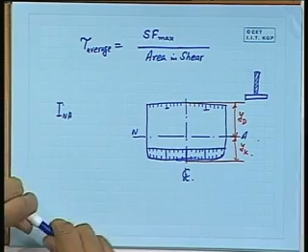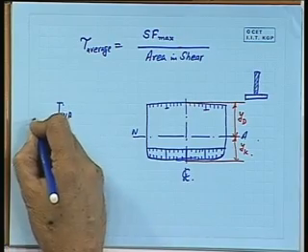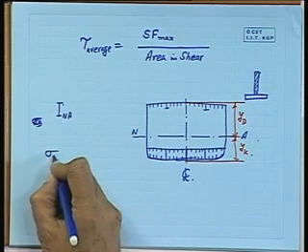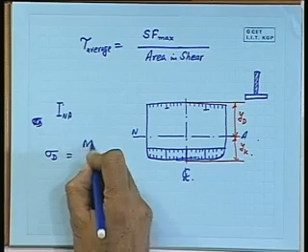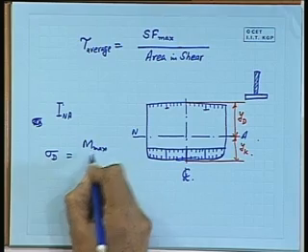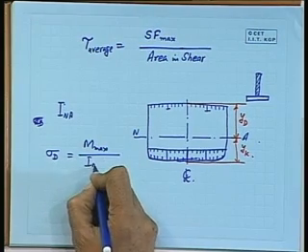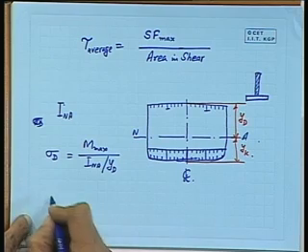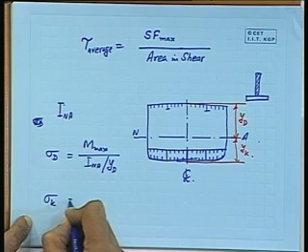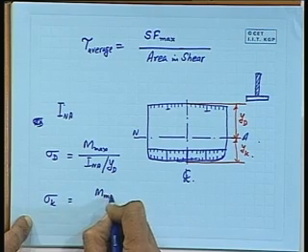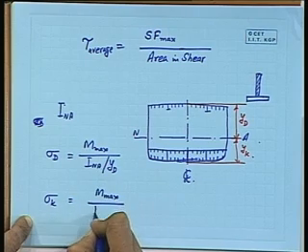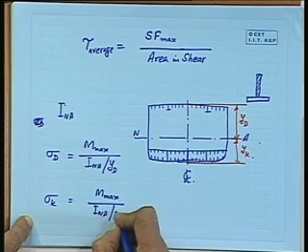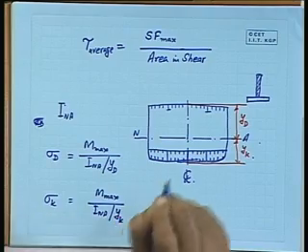What we can write is sigma for the deck is M max by I NA divided by Y deck, and sigma for the keel will be M max divided by I NA, the same, I by Y of the keel value.